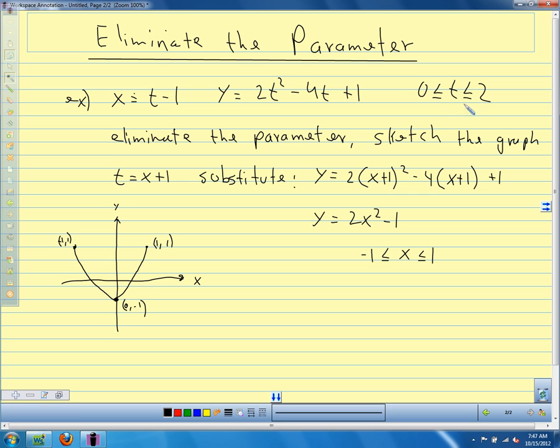So as t is increasing from 0 to 2, I'm moving along the curve this direction. So parameterizing a curve introduces an orientation, a direction that we're traveling along the curve. So we trace the curve from -1, 1 to 1, 1 as t increases. That make sense?